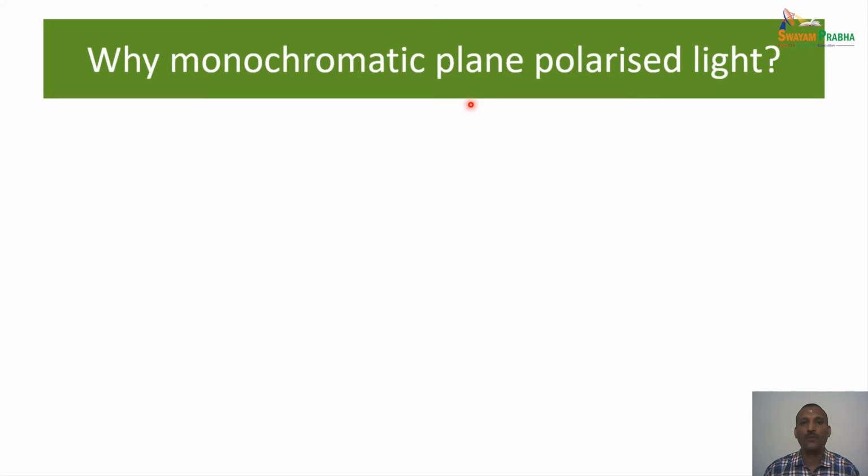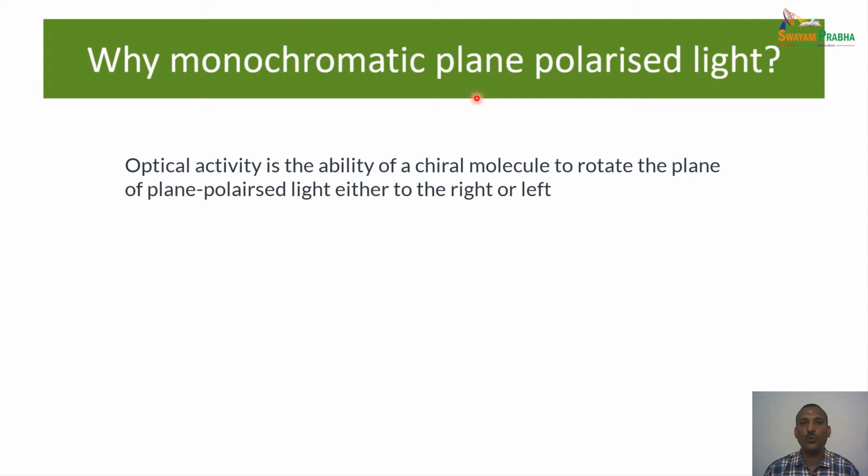So if we pass light having polychromatic wavelengths dispersed in all directions, we may not have any ability to check the light coming out of the solution. To have a very clear understanding of the light coming out, whether it is rotated to the right or to the left, we need to use monochromatic plane polarized light.